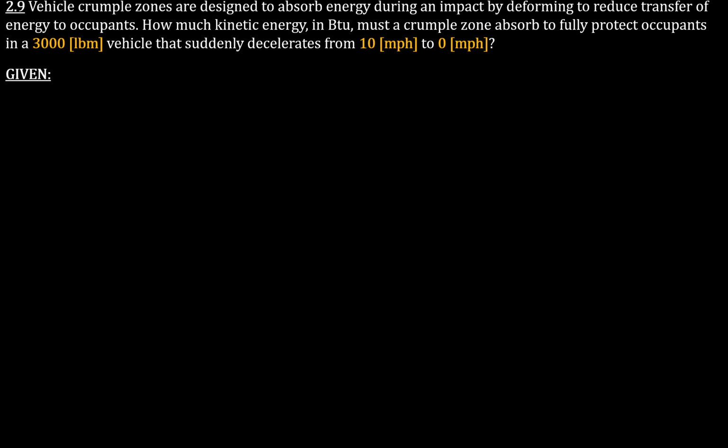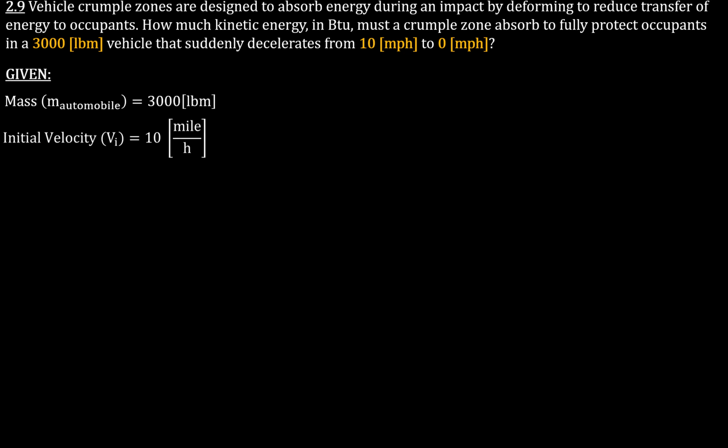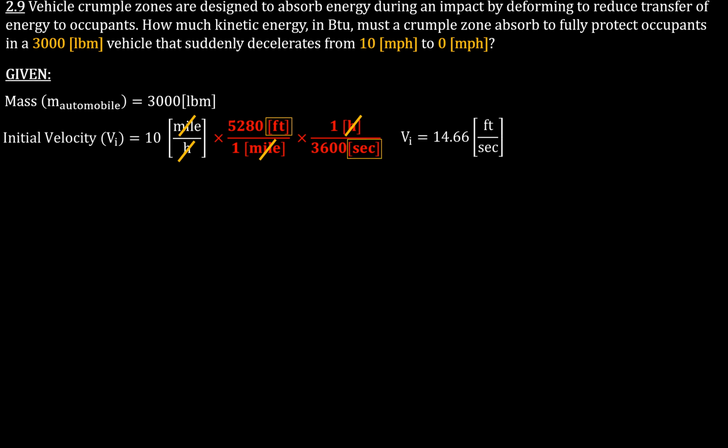So here, what are we given? We are given a mass of an automobile of 3,000 pound mass. The initial velocity of this vehicle is 10 miles per hour, and here we will use the conversion factor. A mile will cancel with a mile, and an hour will cancel with an hour, and you will be left with feet per second, and the value will be 14.66 feet per second.